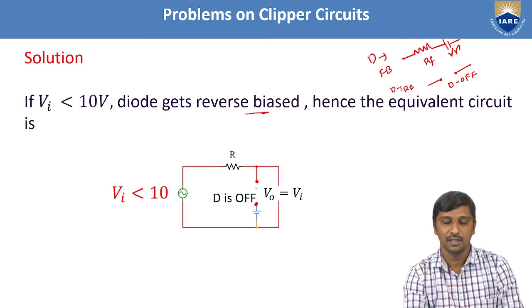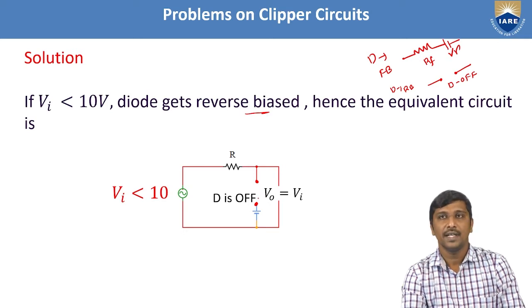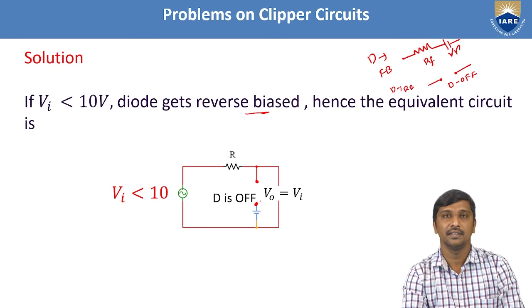Why? Because under this input condition, the diode acts under the reverse bias condition. Hence, it is replaced with an open circuit. Why is it an open circuit? Under reverse bias, it offers the reverse resistance, and in the problem statement, they mentioned that the reverse resistance is infinite.